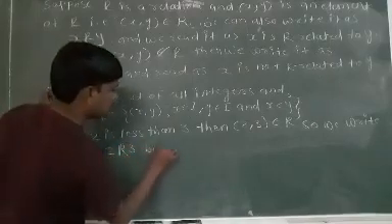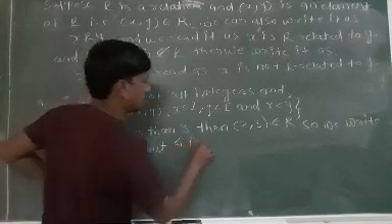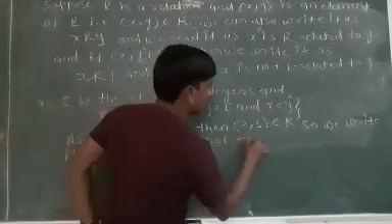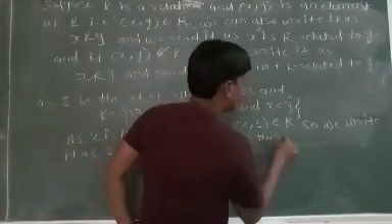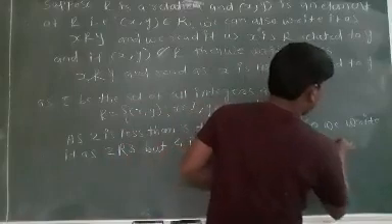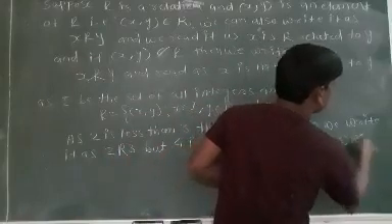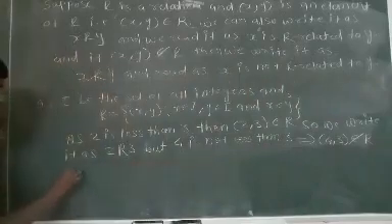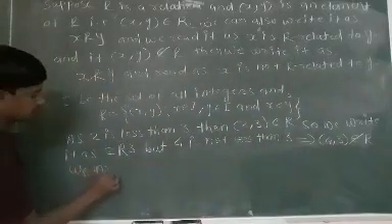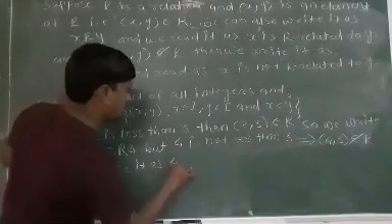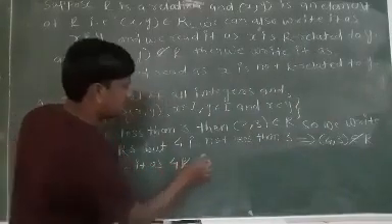But 4 is not less than 3, which implies the ordered pair (4, 3) is not a member of relation R. So we write it as 4 is not R related to 3.